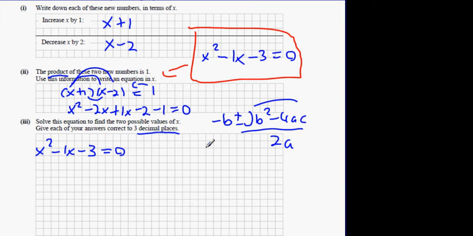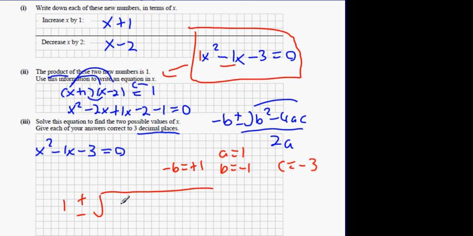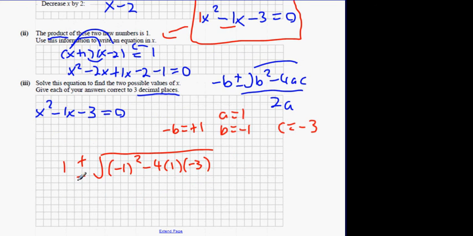And now we're going to say that a equals 1, b equals minus 1, and c equals minus 3. And remember, minus b will equal plus 1. So we're going to have 1 plus or minus the square root of b squared, which is going to be minus 1 squared minus 4 times 1 times minus 3 all over 2 times 1.